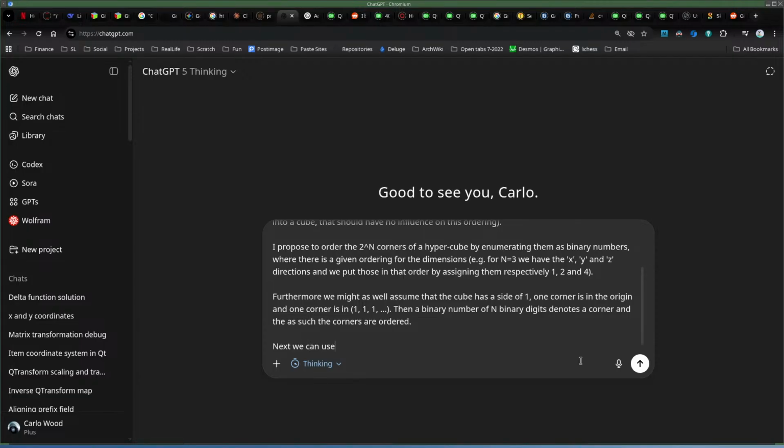Next, we can use this to order the edges. Well, the number of edges for an n-dimensional hypercube is equal to the number of edges of an n-1 dimensional hypercube times two, you make a mirror, and then adding the number of corners again.